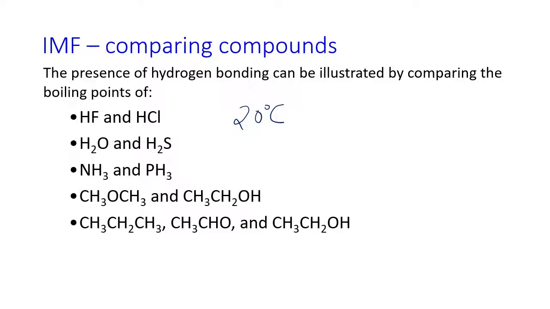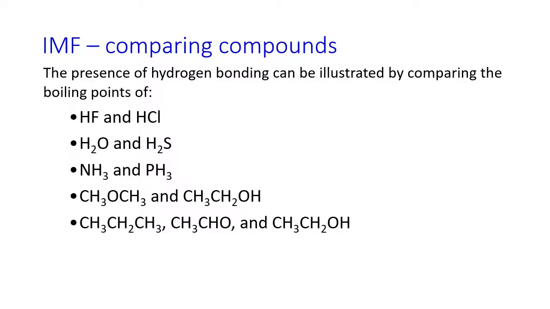When we compare hydrogen chloride, which doesn't have hydrogen bonding, the effect is quite dramatic. It's minus 85 degrees Celsius, which means the intermolecular forces are a lot weaker in hydrogen chloride, because less energy is required to break them in order to initiate this phase change.